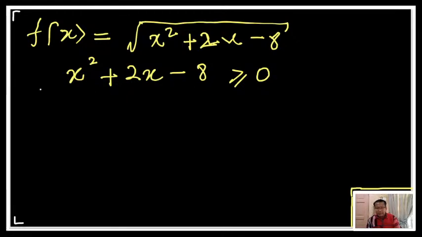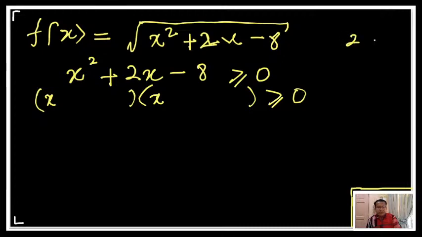So we do factorization to find the factors. It's very easy. 8 is 2 times 4, or 1 times 8, with a minus sign on one of them.